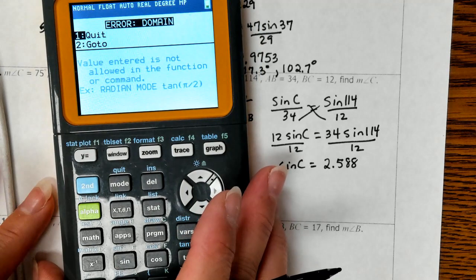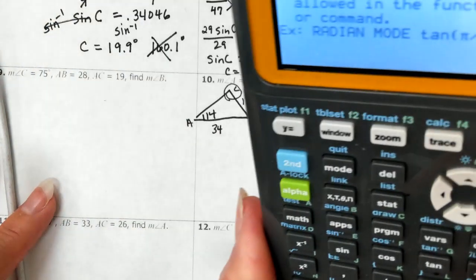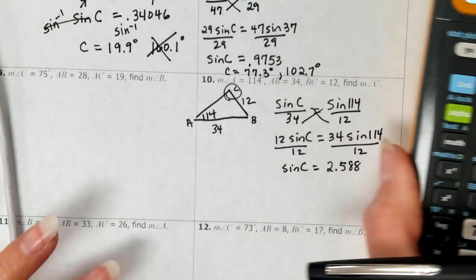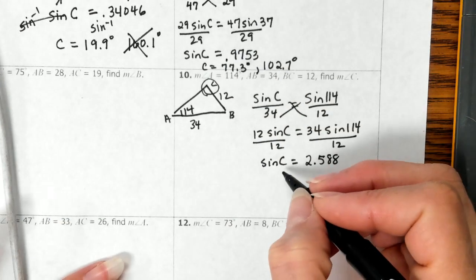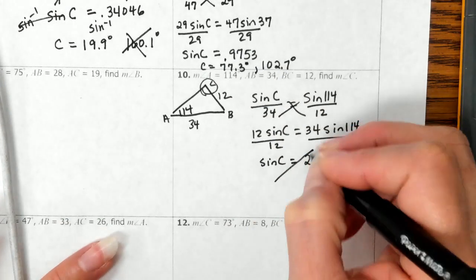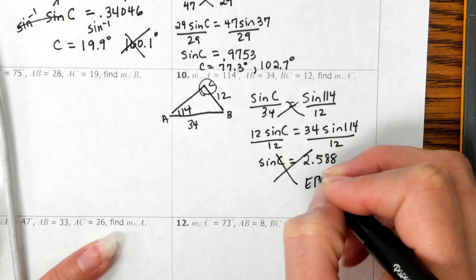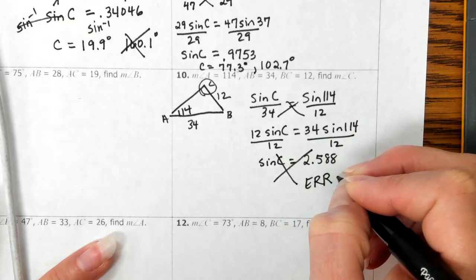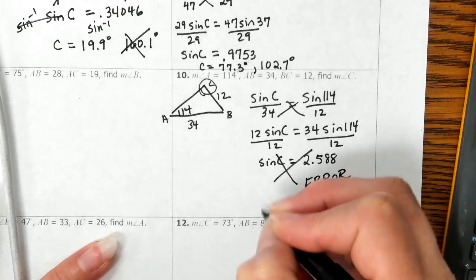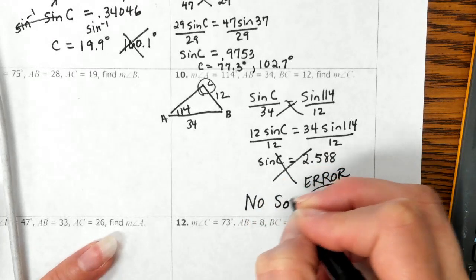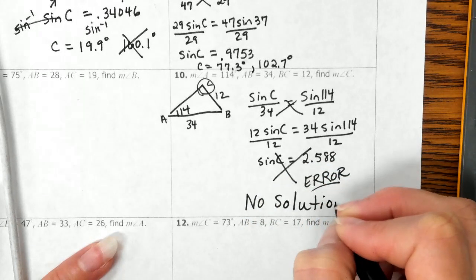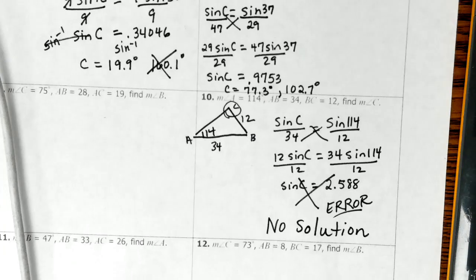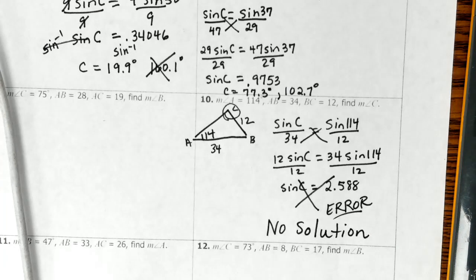It gives an error message because it's just not allowed. So C cannot exist, which means, and I'll put a little error message in our calculator, it means it has no triangle that will fit this information. Okay? There's no solution to number 10.